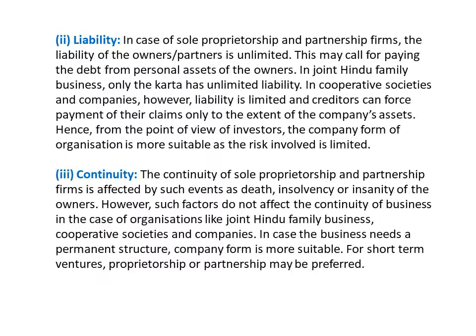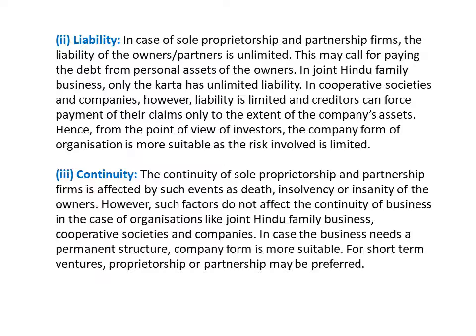The next factor is liability. As you know, in the case of sole proprietorship and partnership, the liability of members is unlimited. They have to pay from their own personal assets. In the same way, in a joint Hindu family business, the Karta also has unlimited liability. He has to pay from his personal assets.